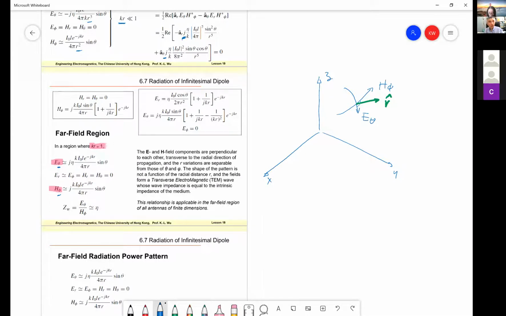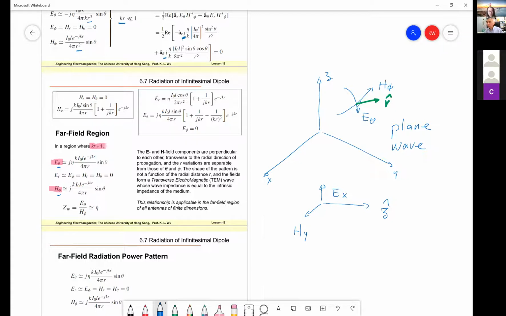Now we have a picture: this is what we learned as a plane wave. You may say, Professor Wu, in a plane wave you teach the electrical field in the X direction, the magnetic field in the Y direction, and propagation in the Z direction. It is up to you: if you call the E theta component X, the phi component Y, and the R component Z, this is exactly that.